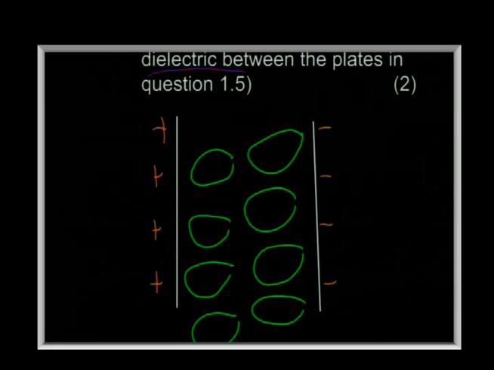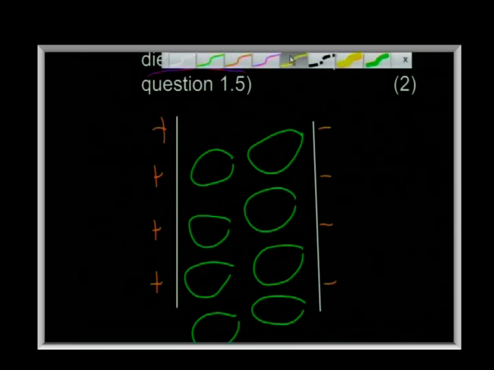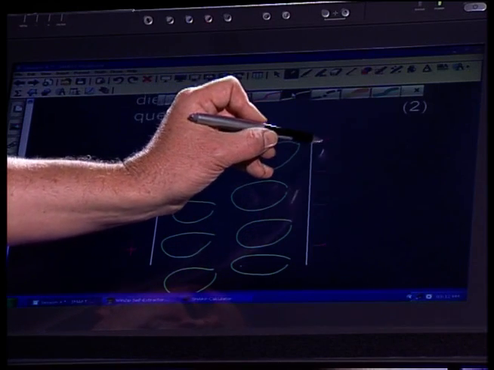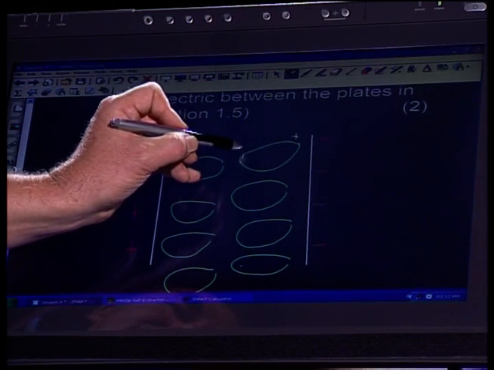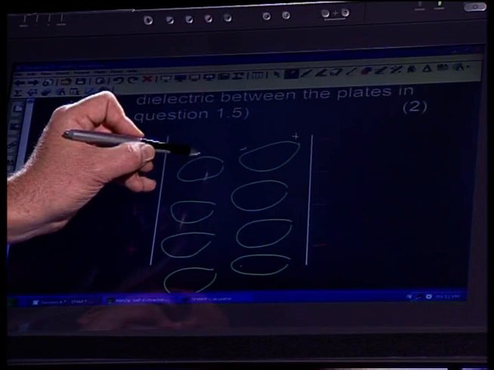But when it's put into a field like this, because we know there's a uniform field, then what's going to happen is on the insulator, you're going to start to develop little areas of charge. Now notice what will happen. The electrons on this particle here are going to be repelled away from the electrons there, so this end is going to become slightly positive, and this end is going to become slightly negative.